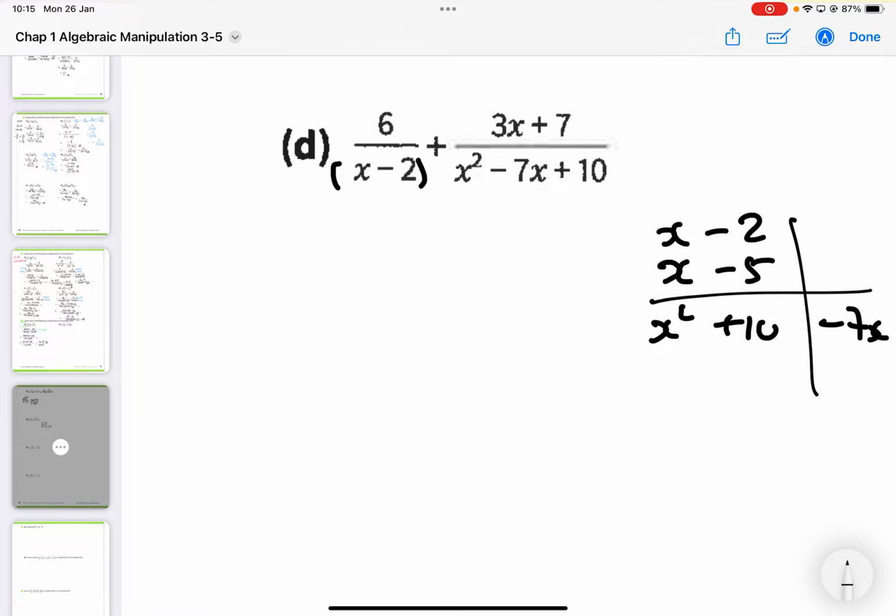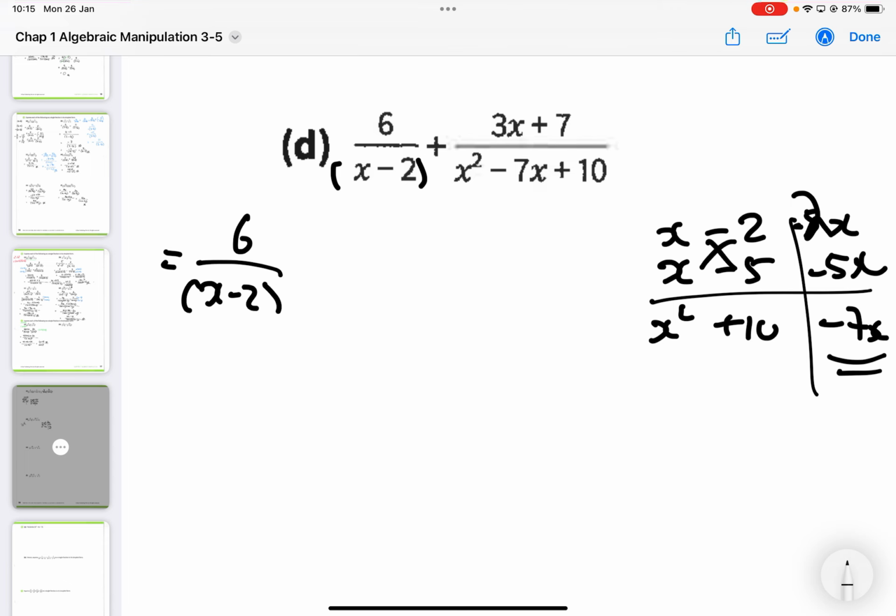Okay? Then I double check your cross. Then we'll have minus 5x. Then here is minus 2x. Here is minus 5x. Then correct, minus 7x. So I know that I can factorize into x minus 2 and x minus 5.